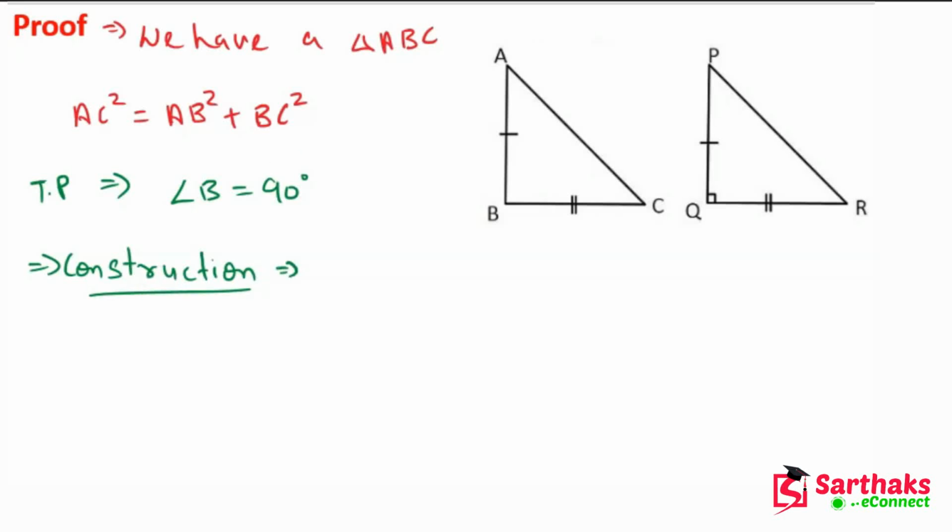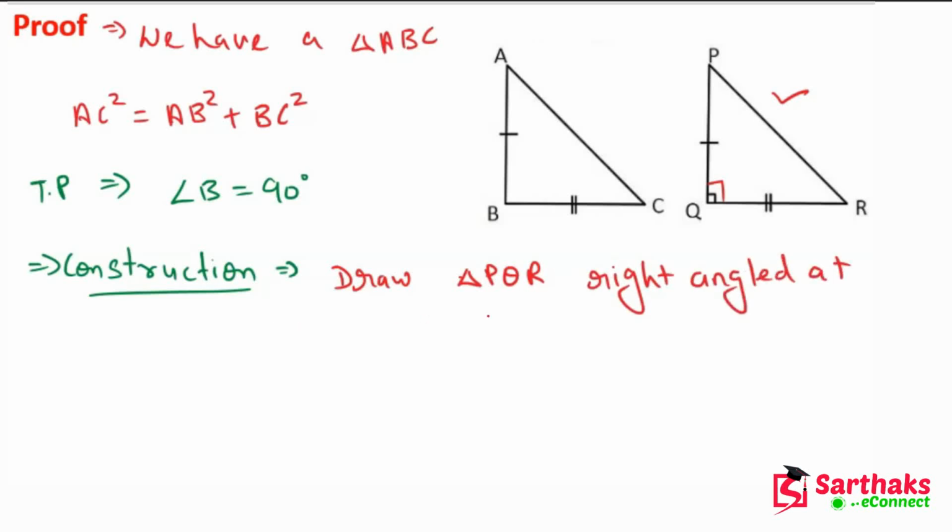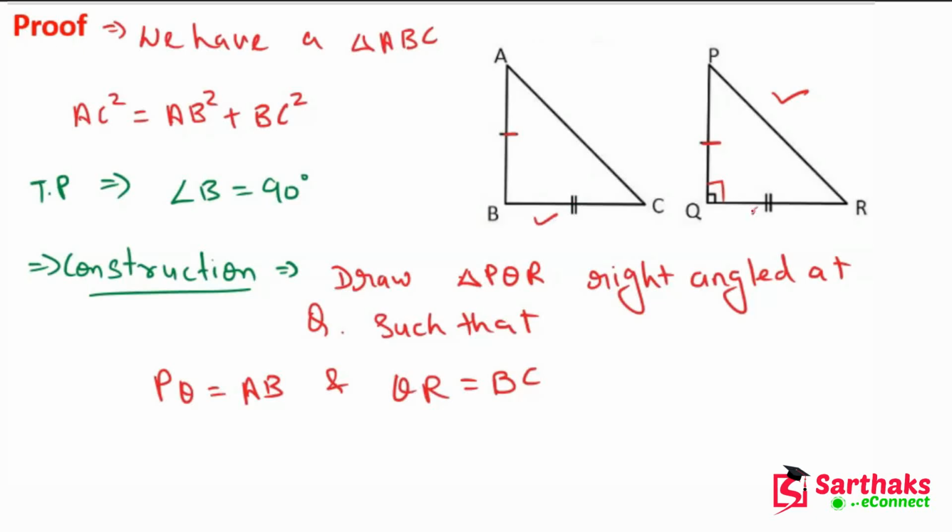First we have to draw a triangle PQR with a right angle at Q, such that PQ is equal to AB, meaning this line is equal to this line, and QR is equal to BC, meaning this line is equal to this line.